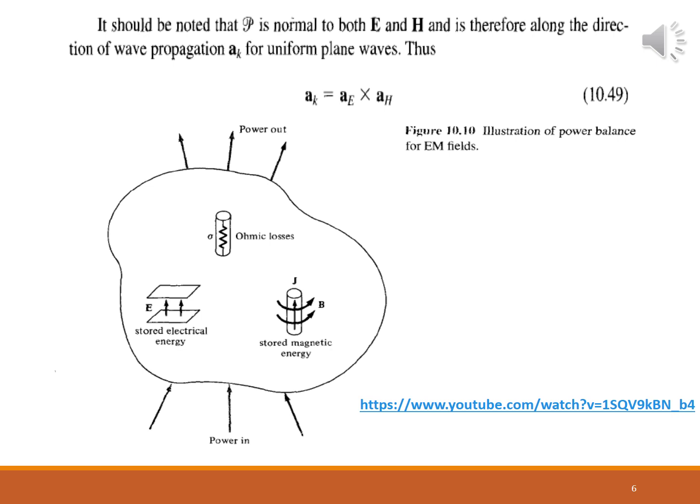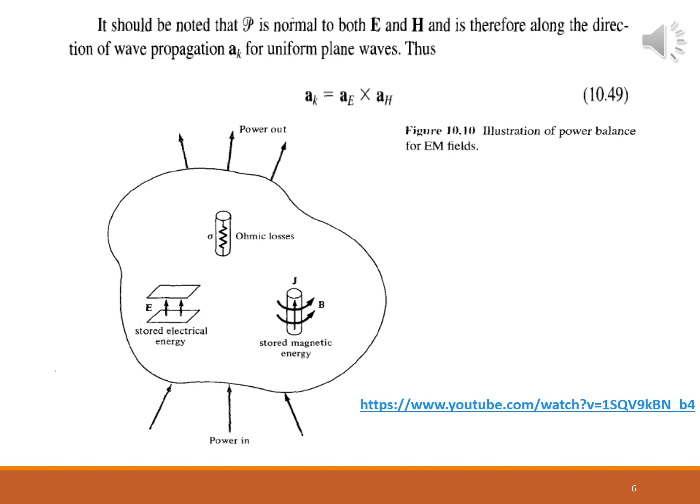An illustration of the Poynting theorem is as shown in the figure. So what is the theorem? The theorem deals with the power flow. Okay, so you have power in and power out of a given surface. And what are the various sources of power that is present within, that is responsible? You have a power in and a power out.